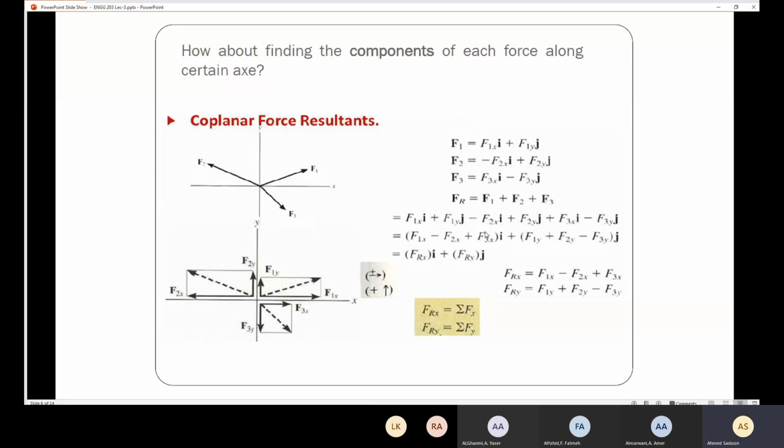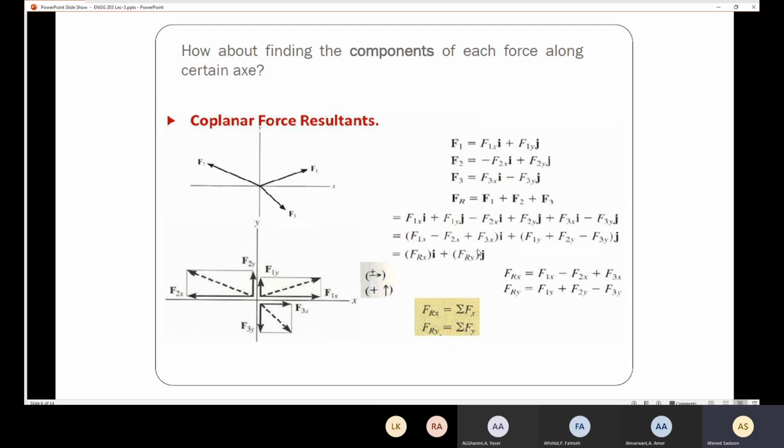I'm going to sum all the components of i and put them together. The same thing will be done for j. I'm going to put all of the components of j together. Then instead of writing all the components in x direction, it is going to be referred to by Frx, which means the resultant in x direction.